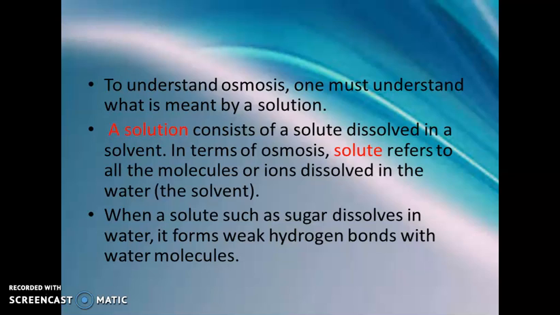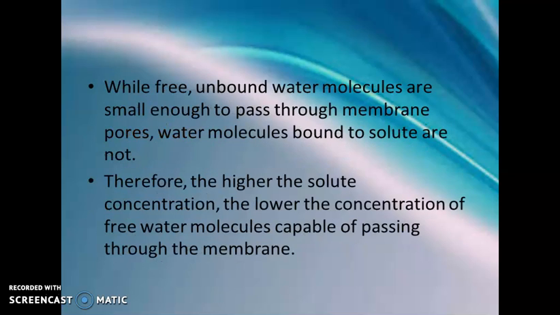Sugar forms weak hydrogen bonds with the water molecules, while free unbound water molecules are small enough to pass through the membrane pores. So the water molecules bound to the solute are not. Bound water molecules means those sugar molecules attached to the water molecules. Unbound water is small enough to pass through the membrane pores.